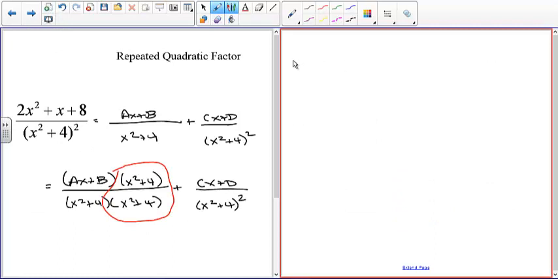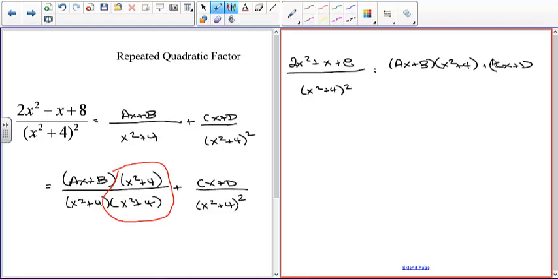So we can have the left-hand side and the right-hand side, and the right-hand side is going to be ax plus b times x squared plus 4 plus cx plus d, all divided by x squared plus 4 squared. So now we have the same denominator, so we can set the numerators equal to each other.